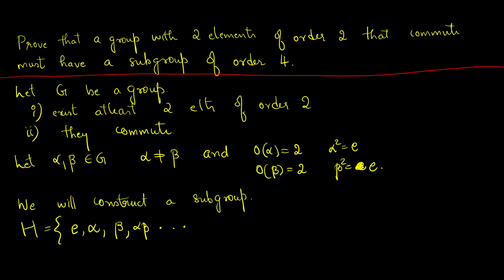So we need to check what will happen to alpha beta. Will alpha beta be different from identity? Will alpha beta be different from alpha? Will alpha beta be different from beta, and things like that? First we should check about alpha beta. So can alpha beta be equal to identity? Suppose alpha beta is equal to identity.